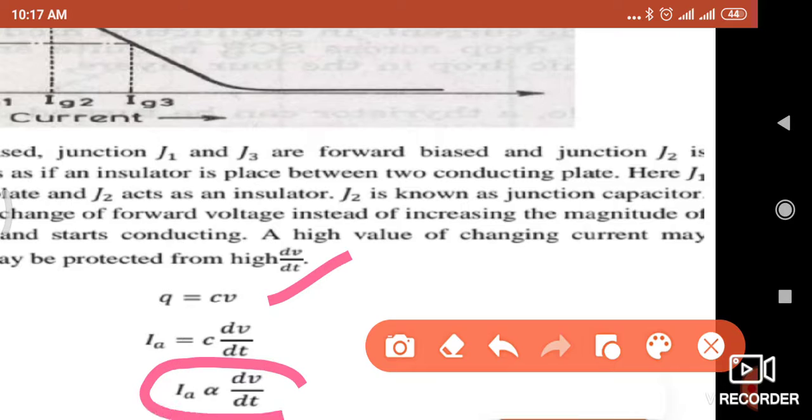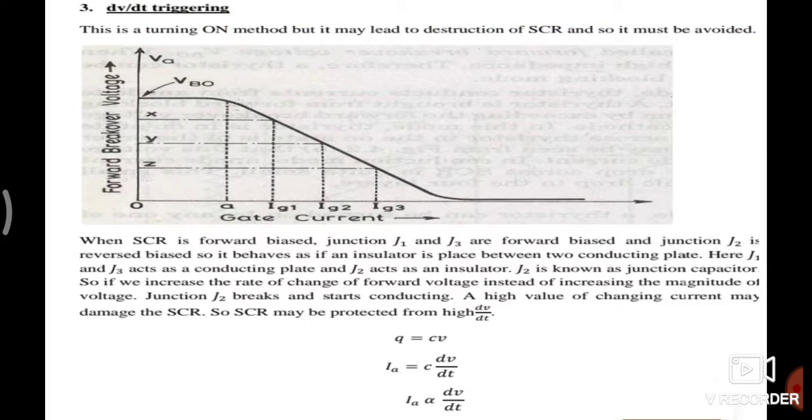From this equation we conclude that IA is directly proportional to dV by dt. J1 and J3 are in conduction mode and J2 acts as an insulator, so the whole structure acts like a capacitor. Current through a capacitor is directly proportional to the rate of change of voltage.